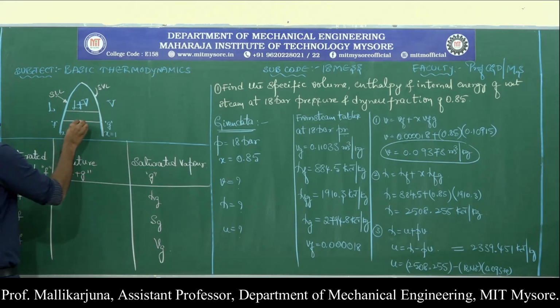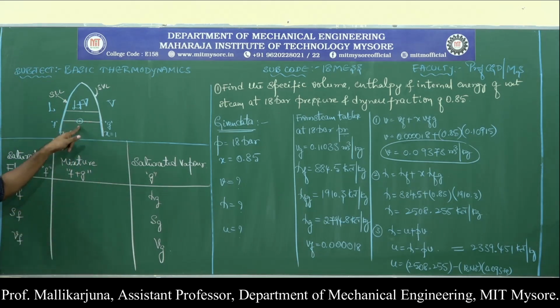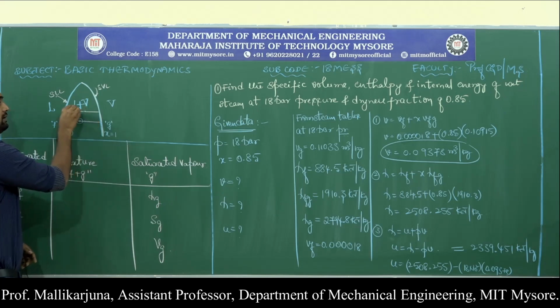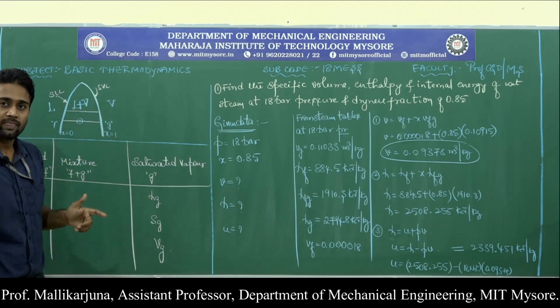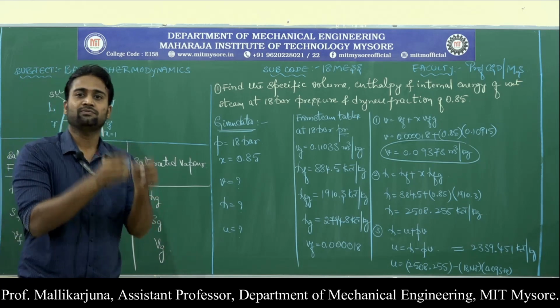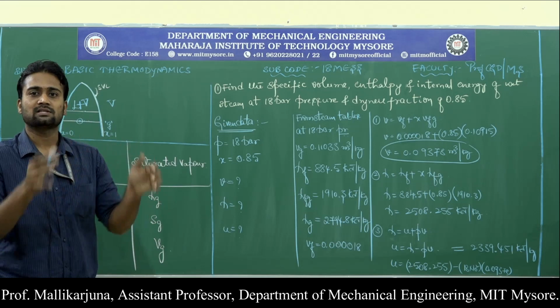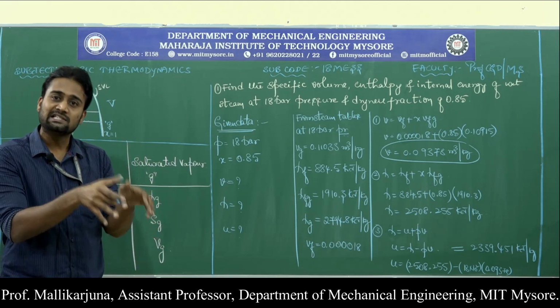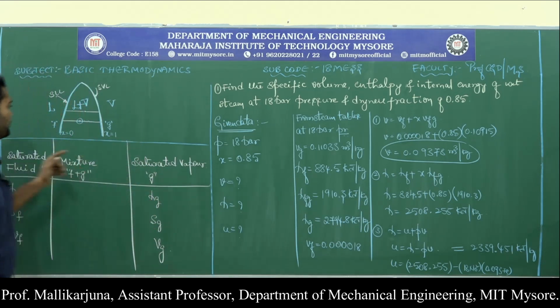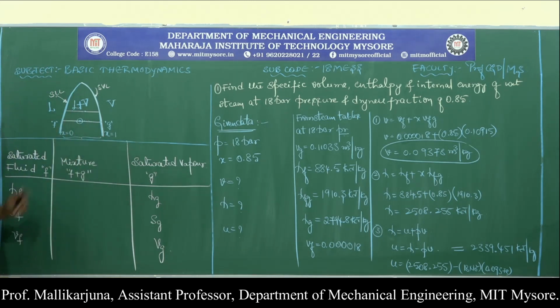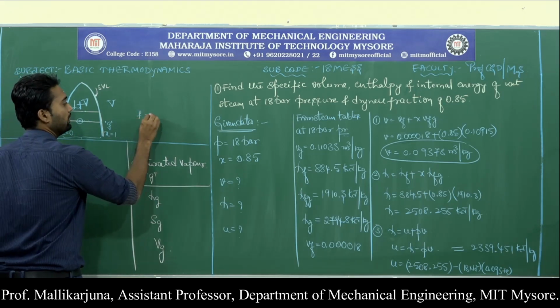Then if anything exists in between, we do not have a particular point over there. It may exist at this point, this point, here, here, here. For that purpose, we have not given a specific notation for the situation in which the substance is existing inside the dome. What we have done is, from here to here, this is f, this is g, from fluid to gas.